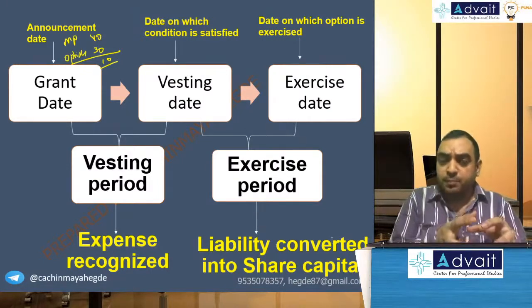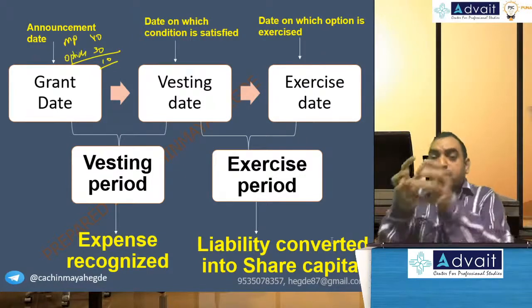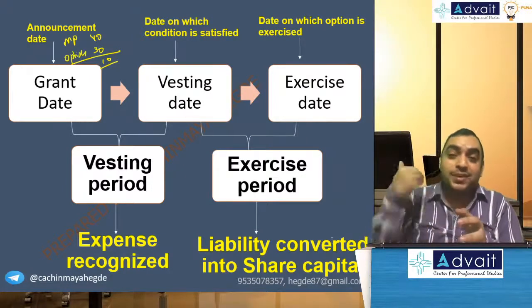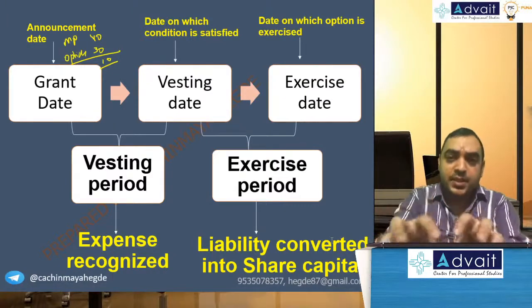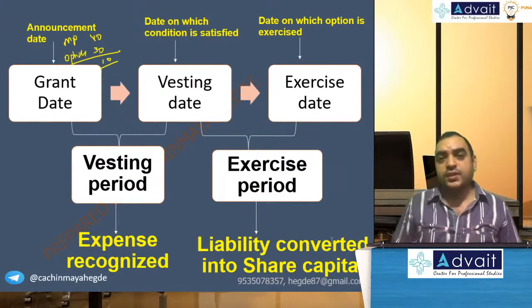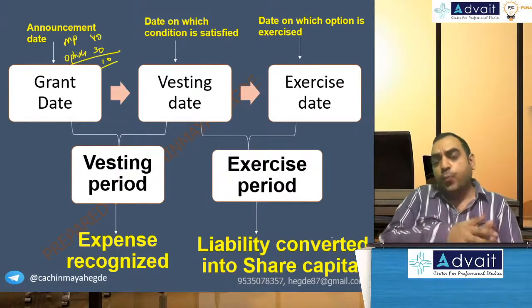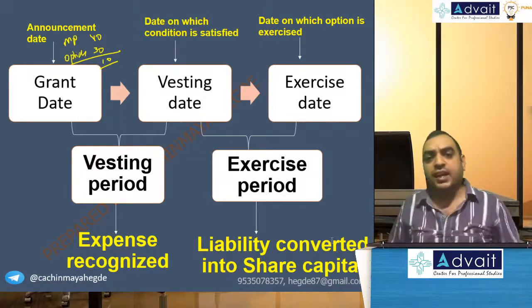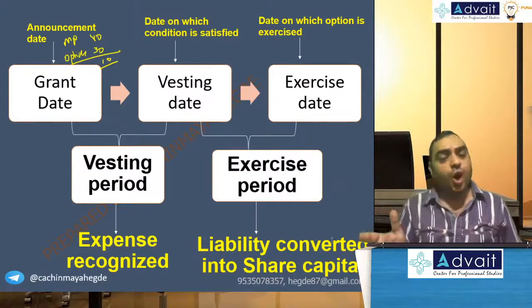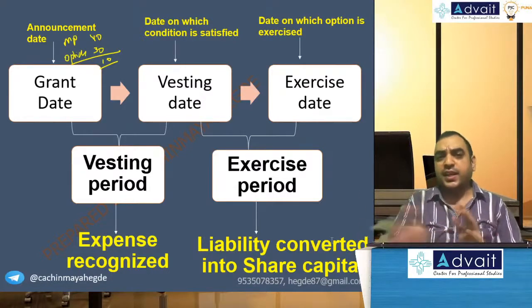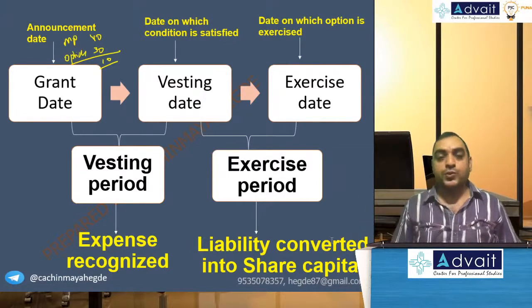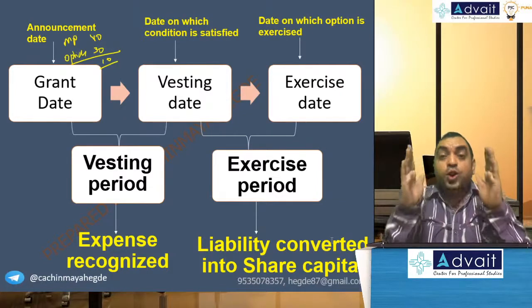So during the vesting period, expenses are recognized. During the exercise period, once the employee actually exercises, money is received from the employee, and the discount given so far and accounted, both of them put together will get transferred to the share capital or security premium proportionately, as the case may be, depending on the amounts. Hope you got the overall structure.